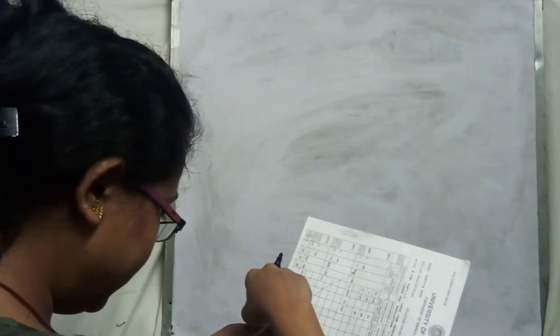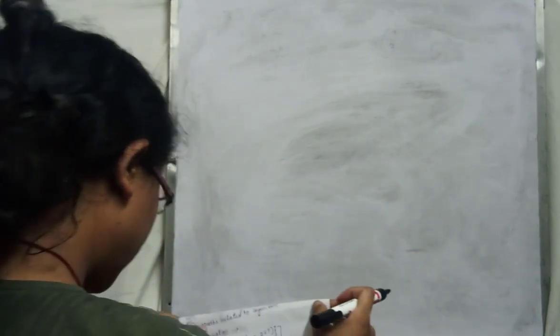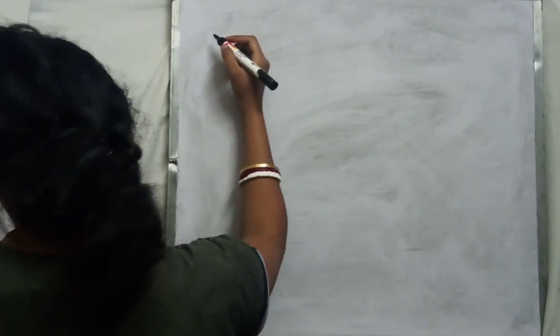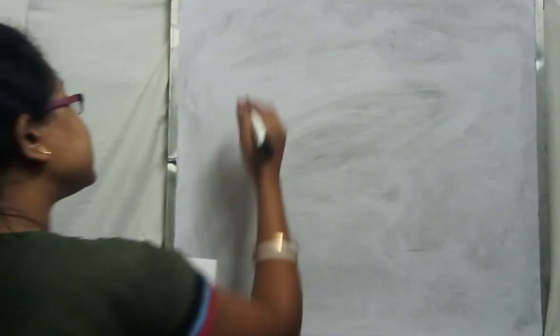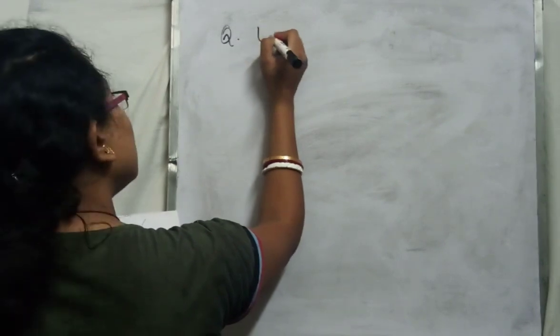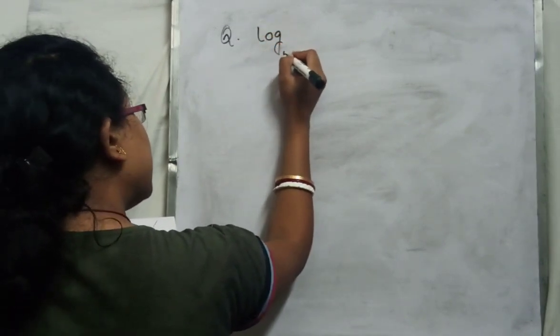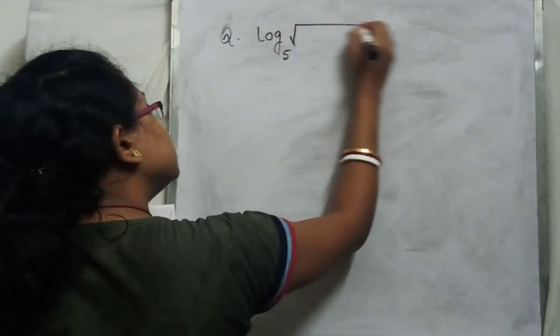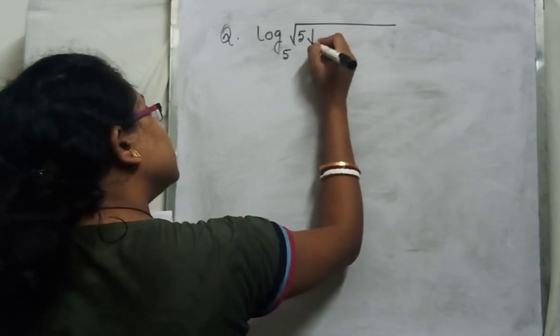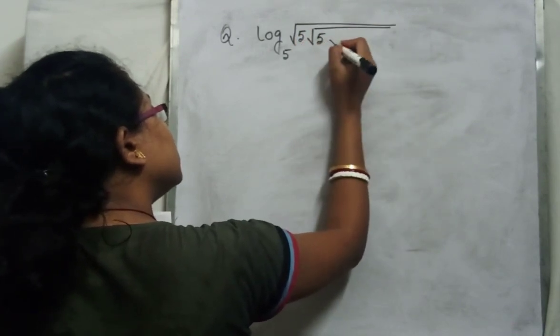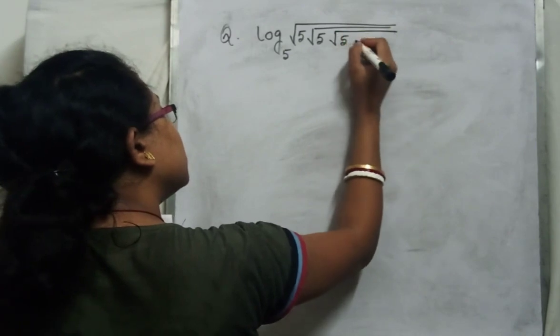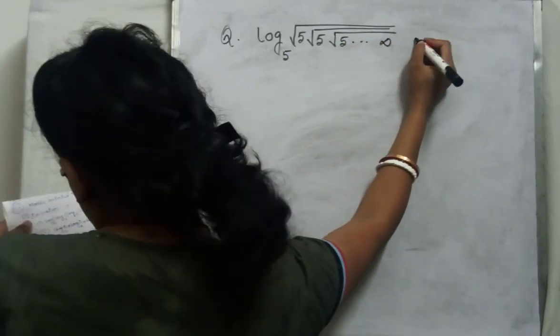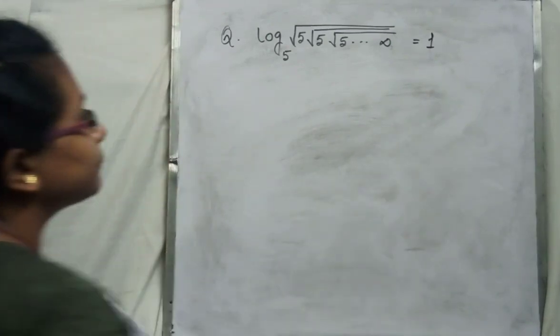Now I'm going to the next type of math, which is proof. In the proof type of math, you can get this type of question: log base 5 ... this is equal to 1.